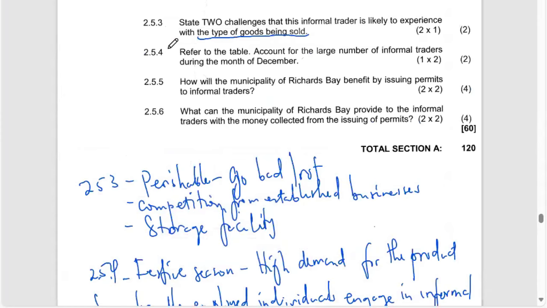Then moving on to the next question, which is question 2.5.6. What can the municipality of Richards Bay provide to the informal traders with the money collected from the issuing of permits? What can they provide? We are seeing that there is a rationale for them to issue permits.